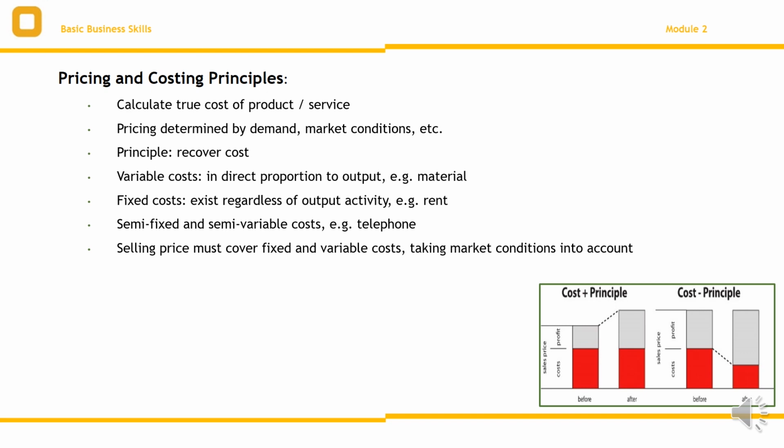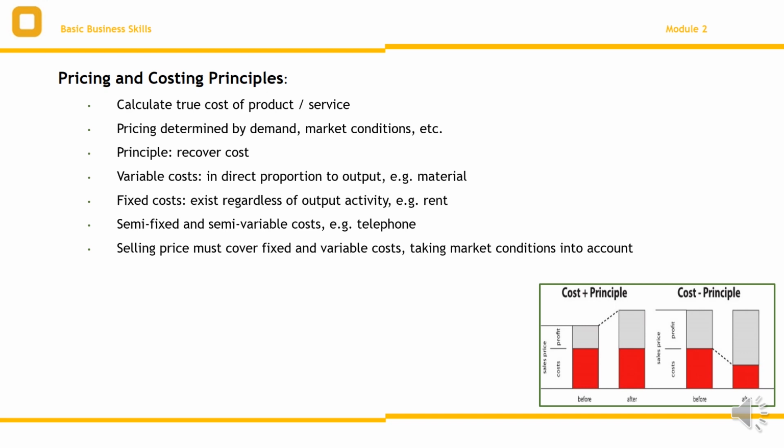Your fixed costs are costs that will exist within the organization regardless of output, regardless of how much production you are actually producing. Examples of fixed costs will include things like rent, it will include costs such as insurance.